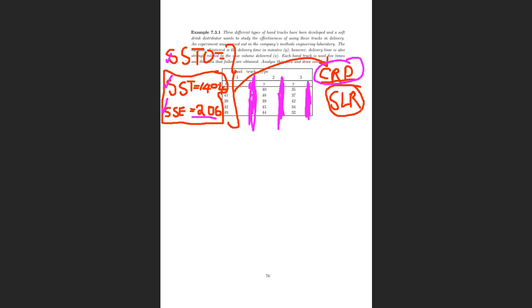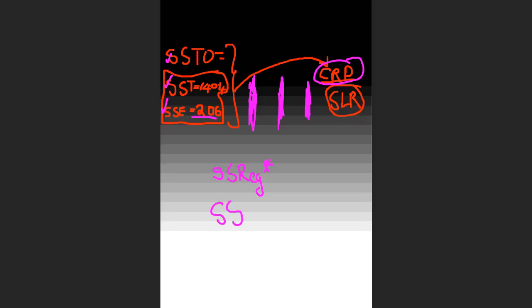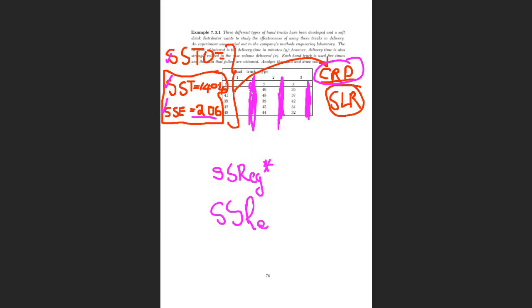So now SS reg star will need the X values. For you to find this, you also need the X values, isn't it? SS reg again, for you to find this, you need the X values, because this is SS. You see now, we write X. Now it means we need the X here.